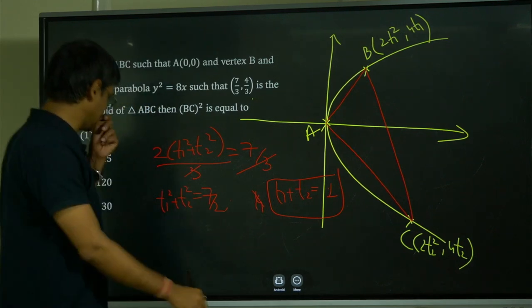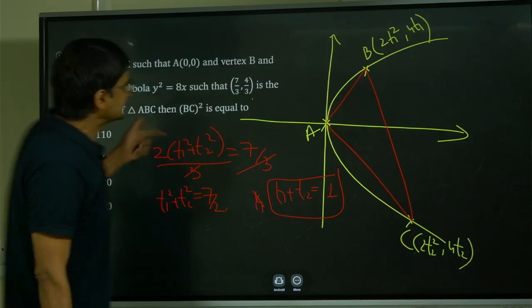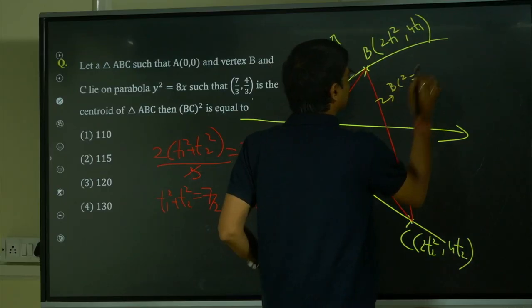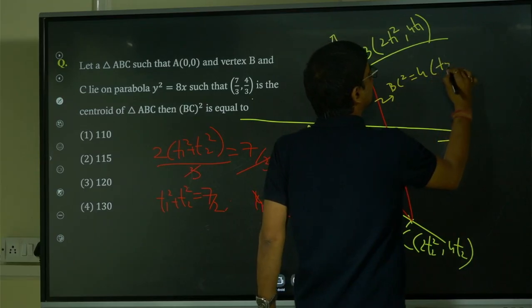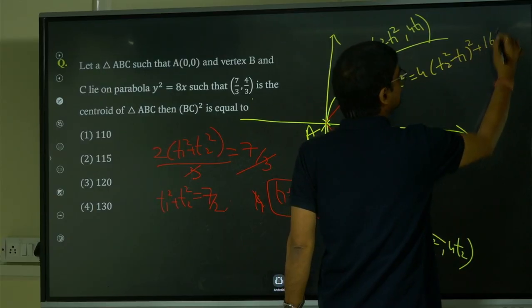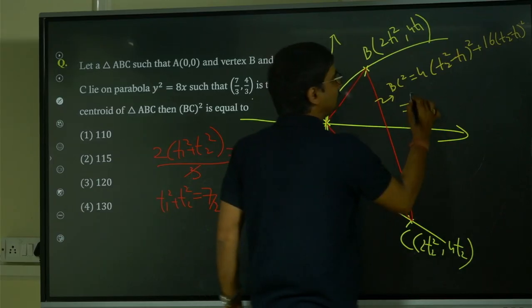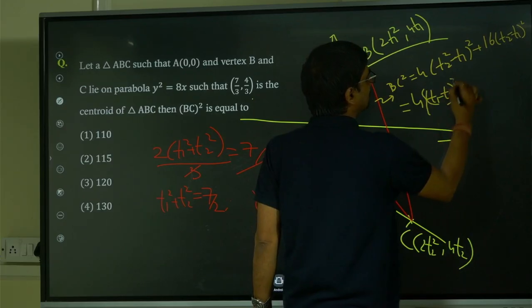So can't we solve it to get, let's see. Now what do we need? BC square. So what is the length here? BC square is x2 minus x1 whole square, 4 square, (t2 square minus t1 square) whole square, plus 16 (t2 minus t1) whole square. Okay, so 4 is common, and then (t1 minus t2) square is also common.